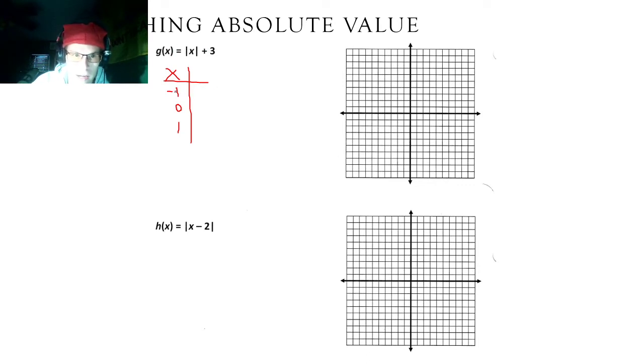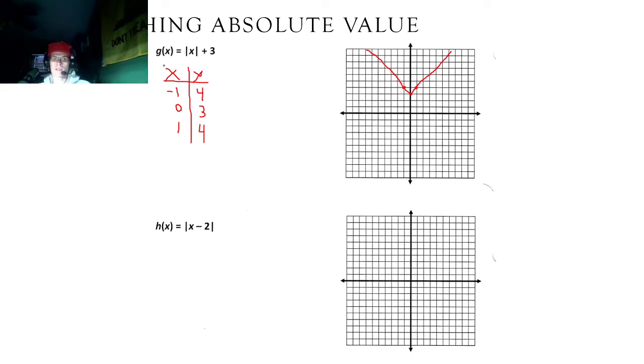So -1, absolute value of -1 is 1, plus 3 equals 4. 0, absolute value of 0 is 0, plus 3 gives me 3. 1 plus 3 is 4. So that means my vertex is on the y-axis. So 0, 3. Let's plot my points here. And then I draw my graph, just like that.